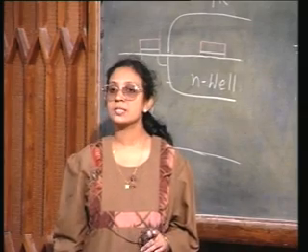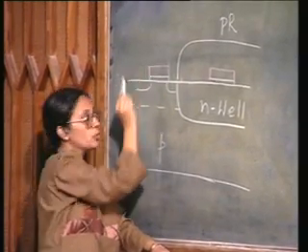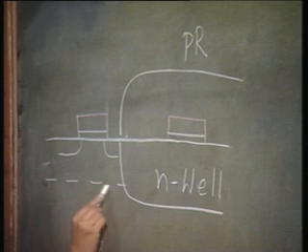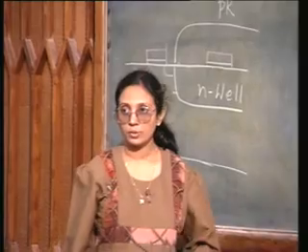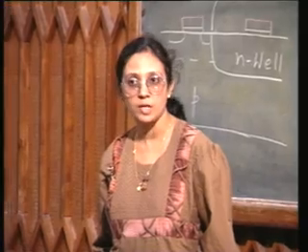That additional implant is the first boron implant which I have done, so that I have a buried deep boron implant. This is done in order to prevent the subsurface punch through.